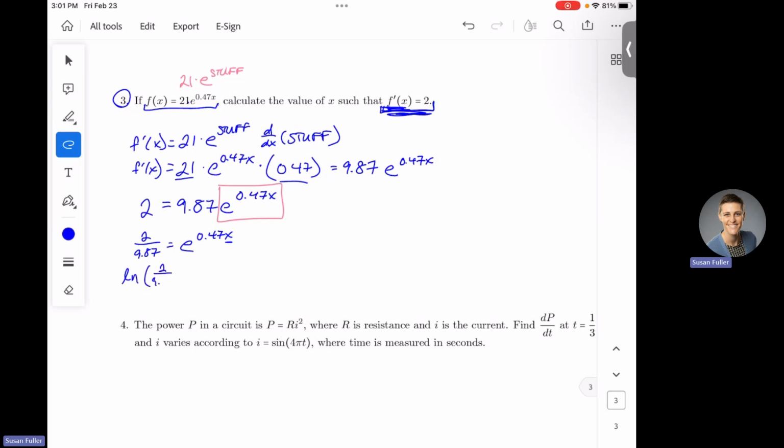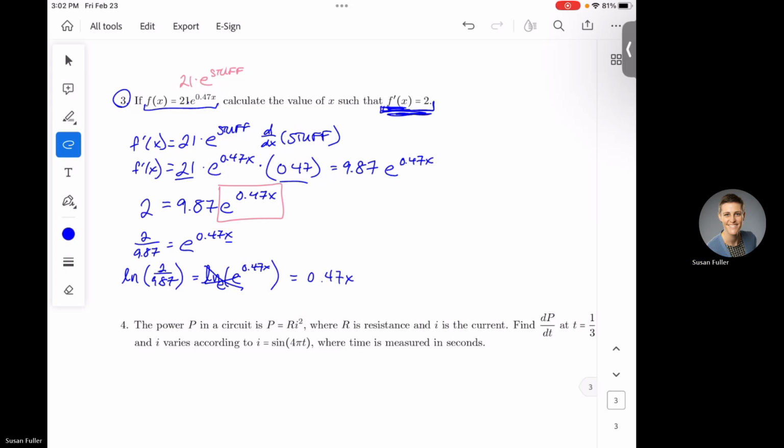So I'm going to take the natural log of both sides. And when we do that, the base of my natural log is e, so these cancel out and we just get 0.47x. That's what we have left here.